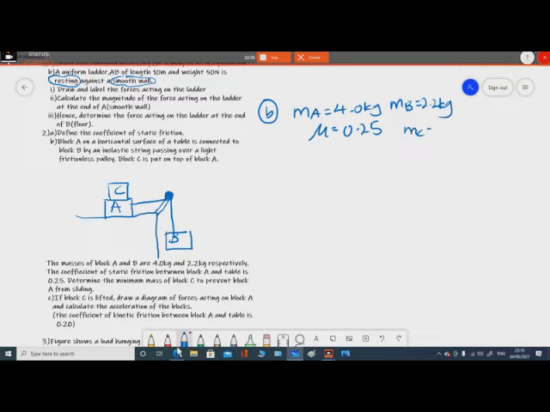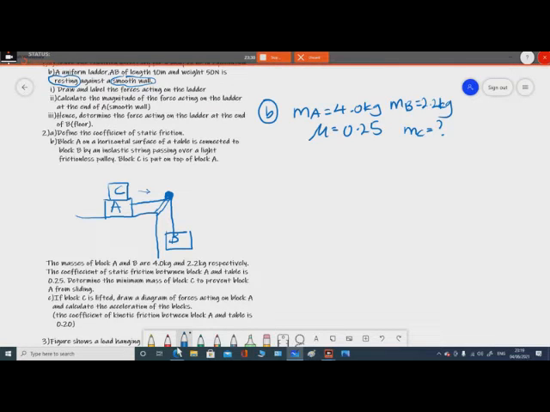To prevent block A from sliding, there is no resultant force, so no translational force acting on block A, and it will not slide towards the right.